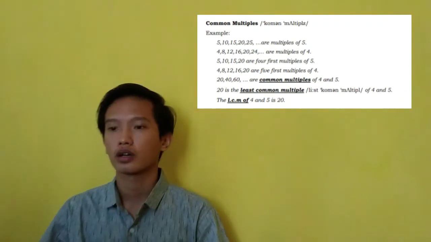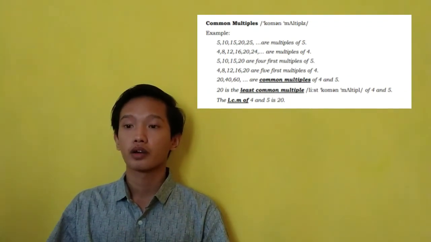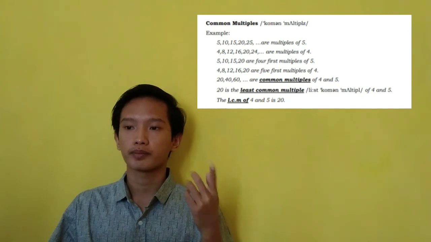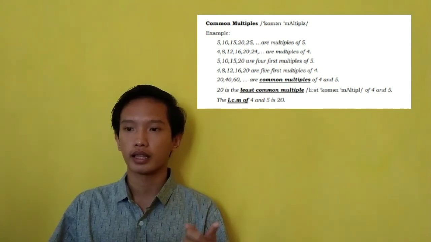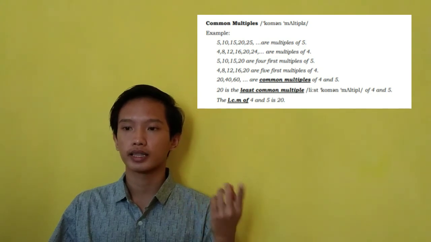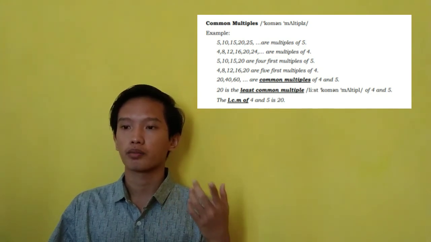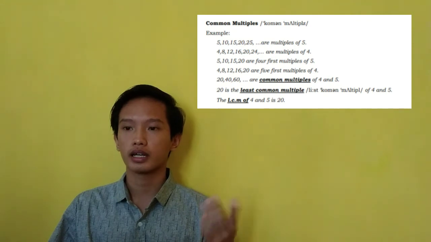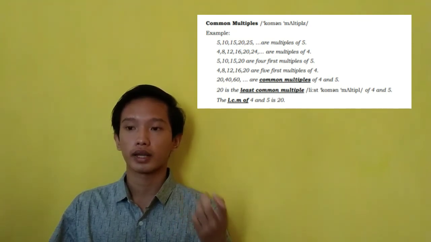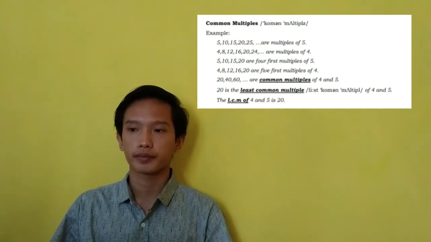And then we are going to common multiples. For example, 5, 10, 15, 20, and 25 are multiples of 5. And then 4, 8, 12, 16, 20, and 24 are multiples of 4. And then 5, 10, 15, and 20 are the first four multiples of 5.